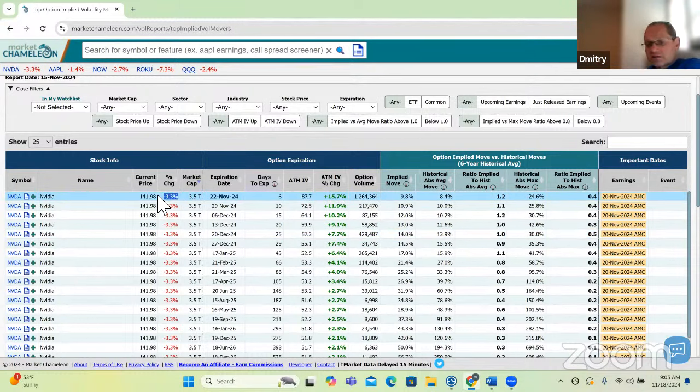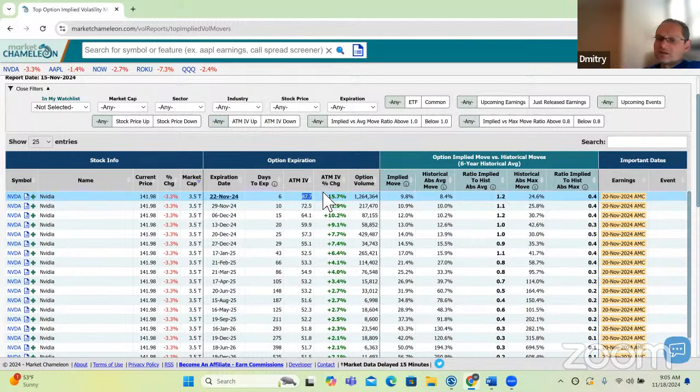We're going to track the implied volatility on the day. So this negative 3.3 is what the stock did from previous day's close. And this implied volatility up by 15.7% is the implied volatility moving higher and increasing by 15.7% from the previous day's observation or ending closing value.